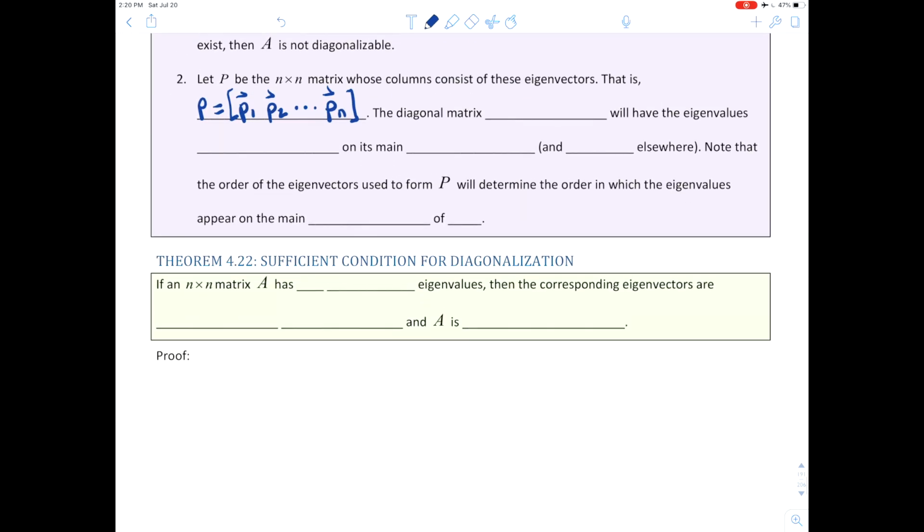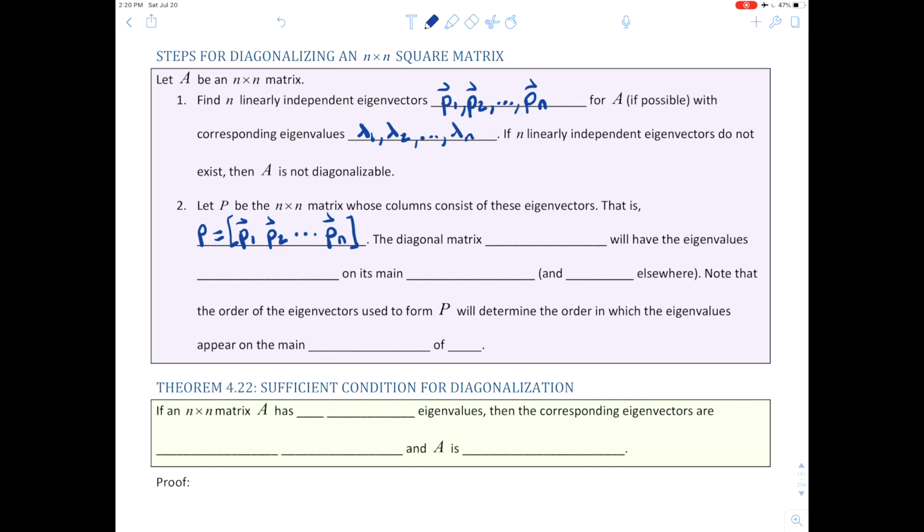Then the diagonal matrix D equal to P inverse times A times P will have the eigenvalues lambda 1, lambda 2, dot, dot, dot, lambda n on its main diagonal, and of course zeros elsewhere. Note that the order of eigenvectors used to form P will determine the order in which the eigenvalues appear on the main diagonal of D.